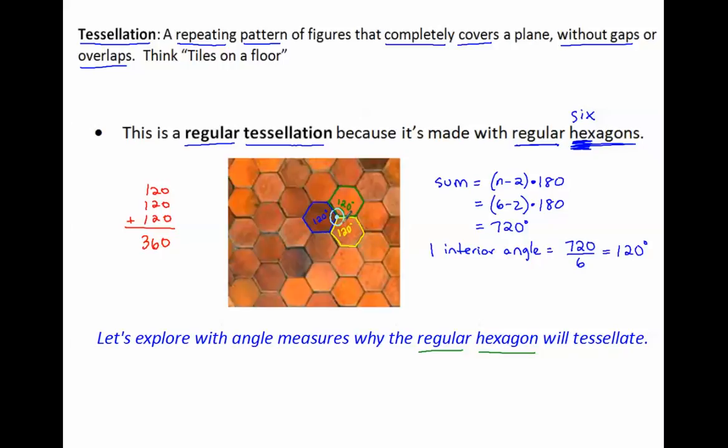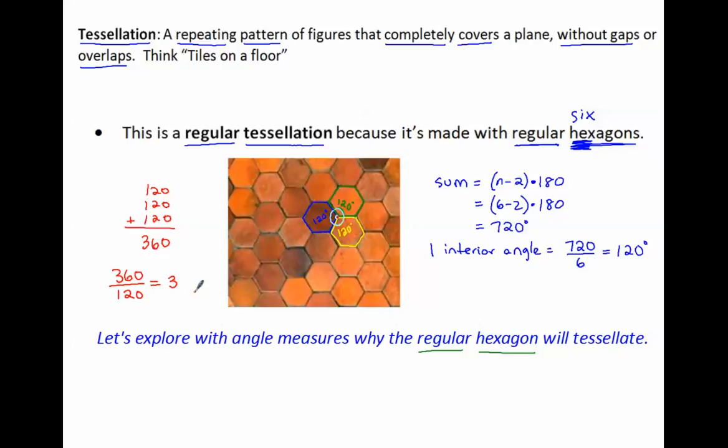So to know that our polygon will tessellate, around any point where the angles will meet each other, be adjacent, has to make 360 degrees. Another way to think about that: is 360 divisible by the interior angle measure of the regular hexagon, 120? Well, if we do 360 divided by 120, we get 3.